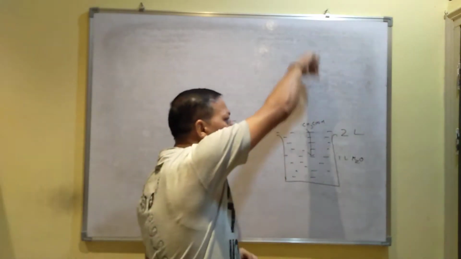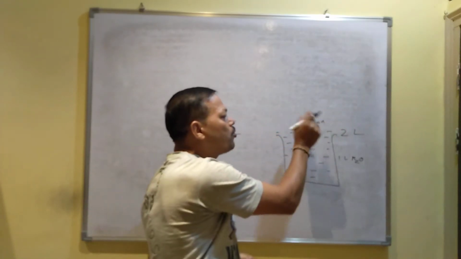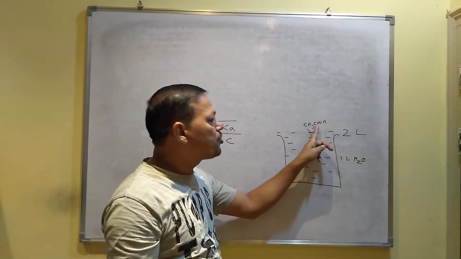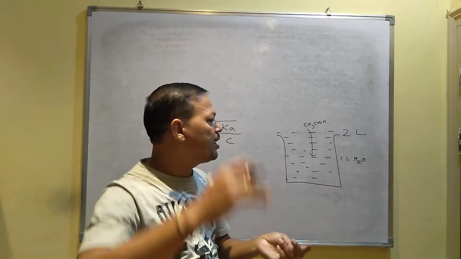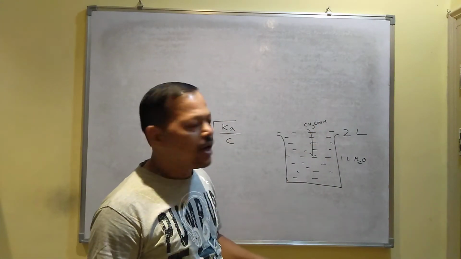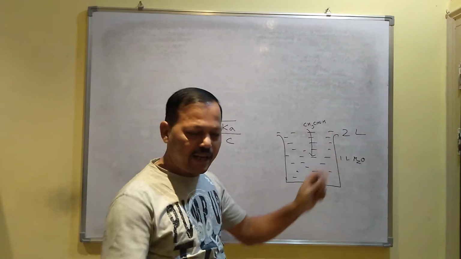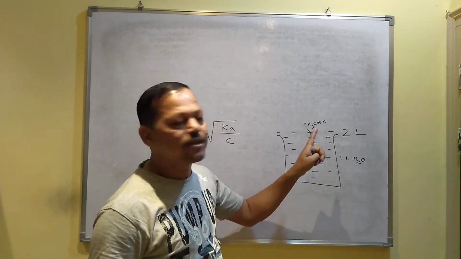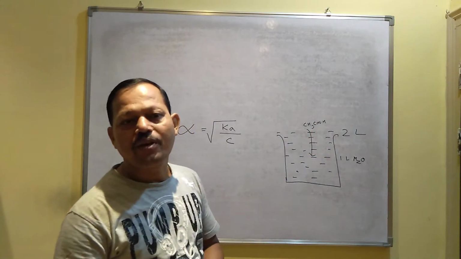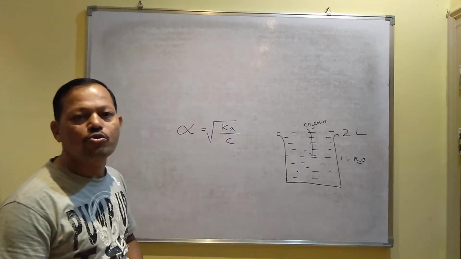If you add water again, the degree of dissociation of acetic acid will continuously increase. As the dilution increases, adding water means dilution, the degree of dissociation for a weak electrolyte also increases, and that is called Ostwald dilution law.